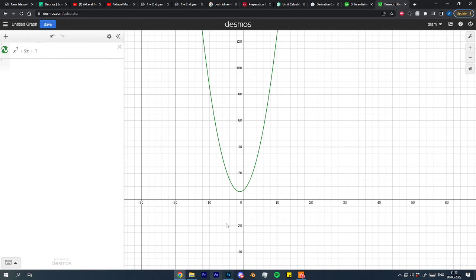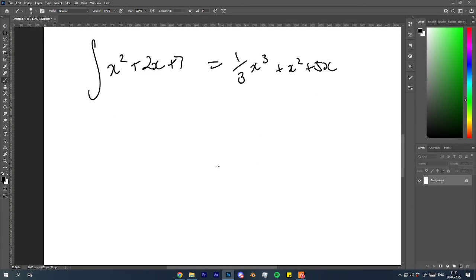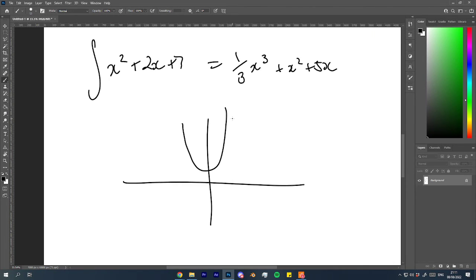Okay, it looks something like that. That's our x squared plus 2x plus 7.